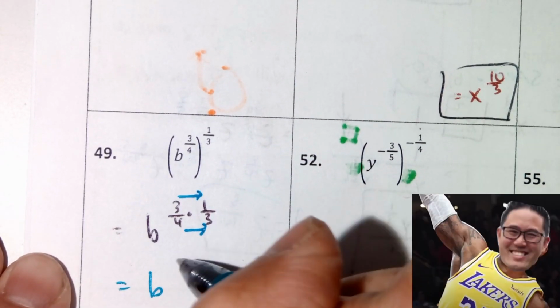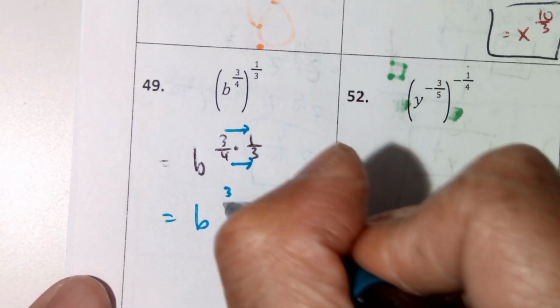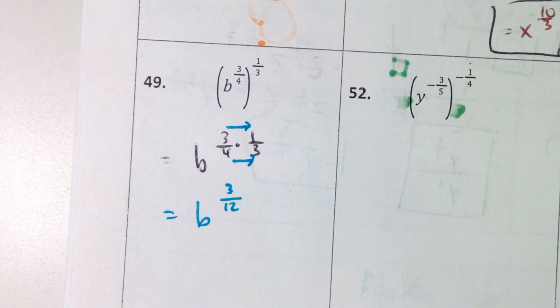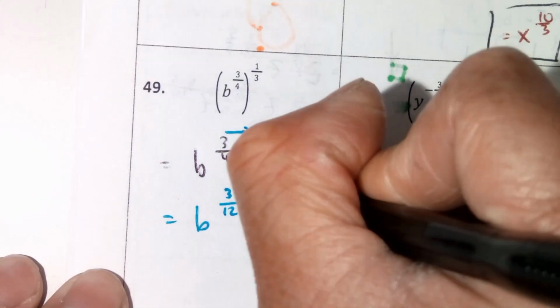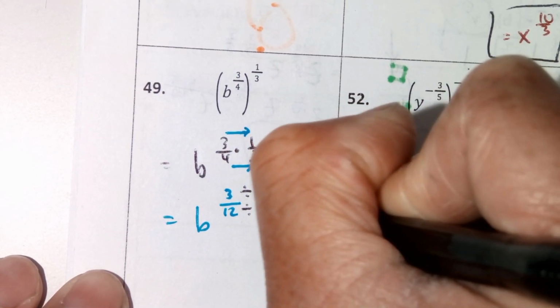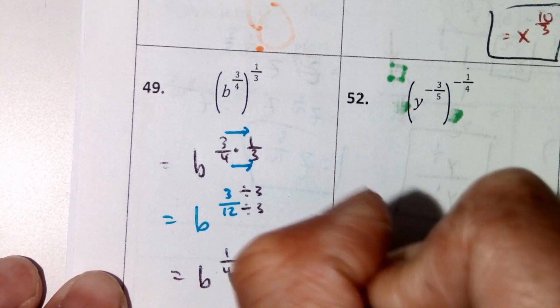And if I multiply across here, I'll get 3 over 12, and then I can reduce this, divided by 3's, and you get b to the 1/4 power.